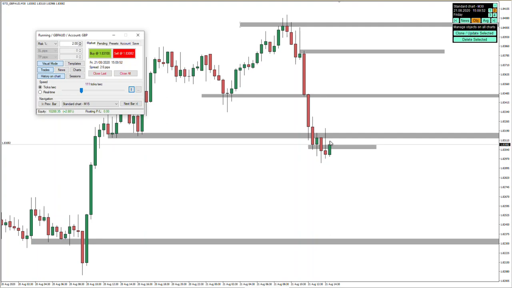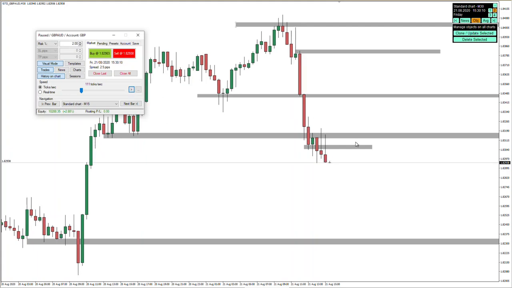This is a beautiful upper wick, as long as we stay below the high of the previous wick. 8 minutes, 7 minutes, 6, 5, 4, 3, 2, 1. Look at this.